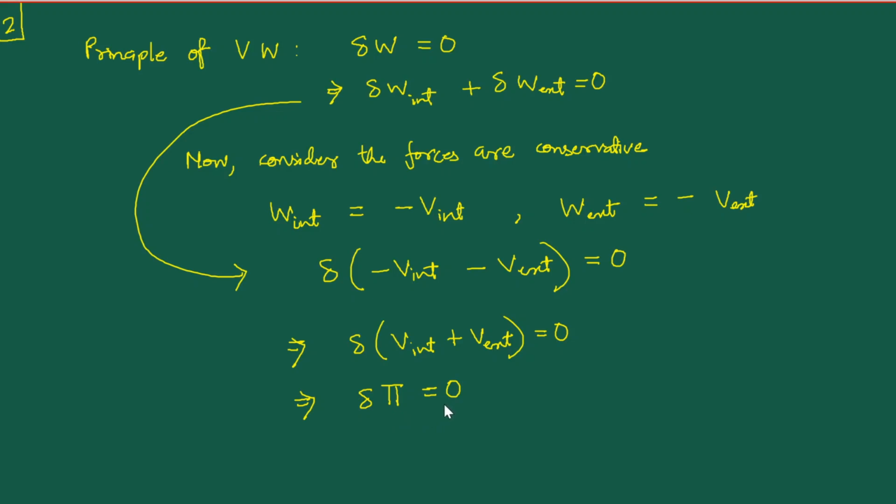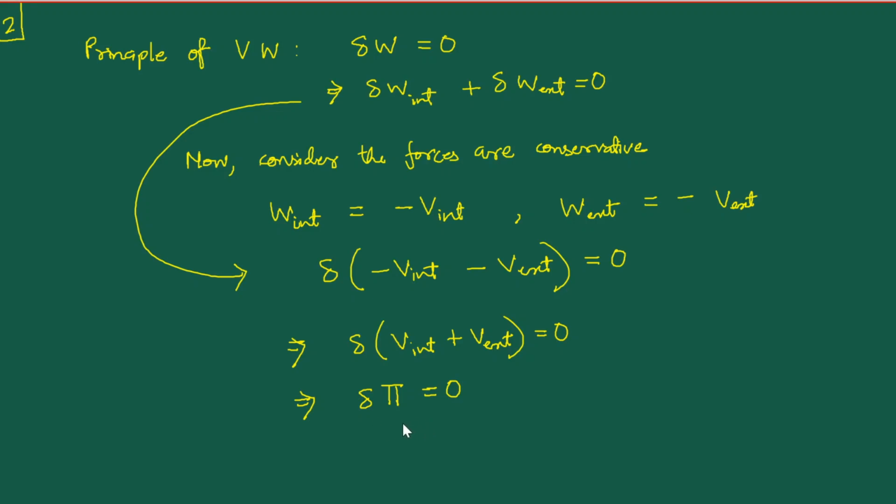the first variation of the pi, the total potential energy, is equal to 0. Okay. Now, we have already seen that there is a direct connection between the potential energy and the strain energy. So we can write this principle of virtual work, under the consideration that the internal and external forces are conservative, in terms of this kind of a statement.